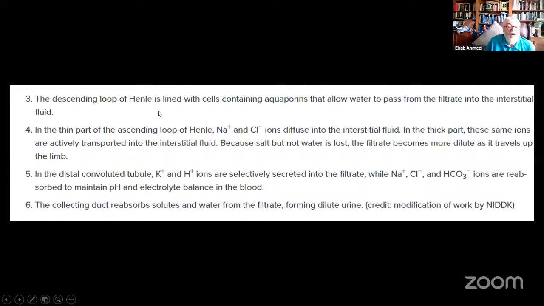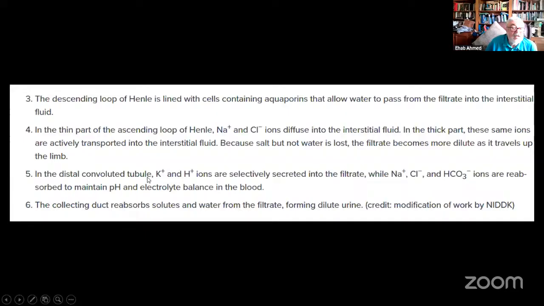The descending loop of Henle is lined with cells that allow water. Okay. Ascending loop of Henle, sodium and chloride ions diffuse into the interstitial fluids.